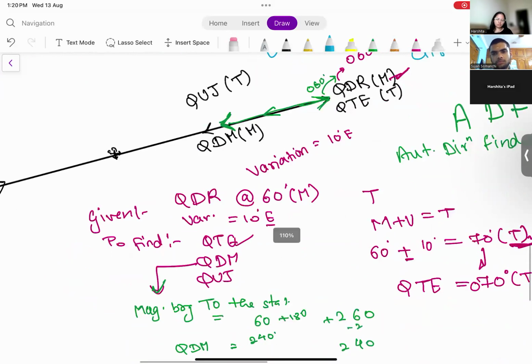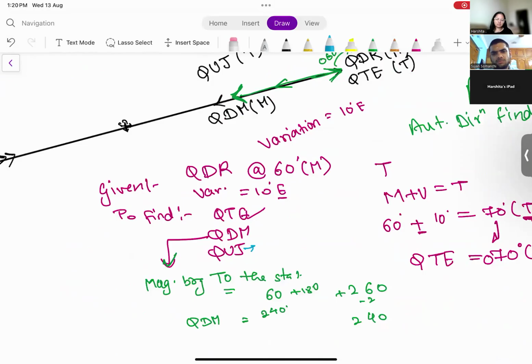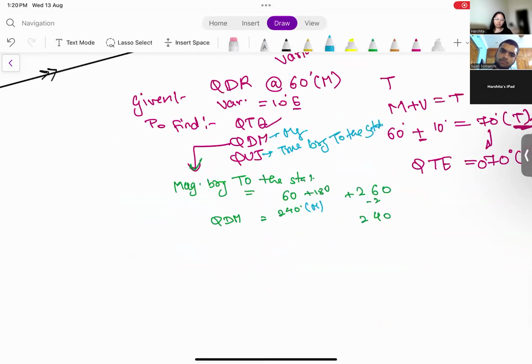Next one is QUJ. This is the true bearing to the station. Correct? This was magnetic. Again, if you apply variation to this, can you find your true direction? Magnetic bearing towards the station is 240.